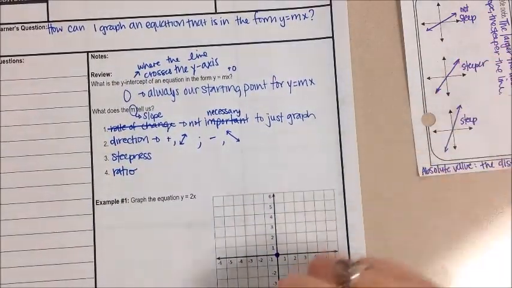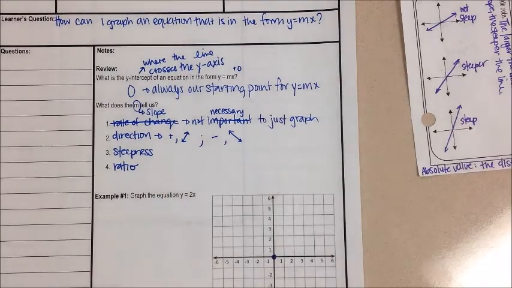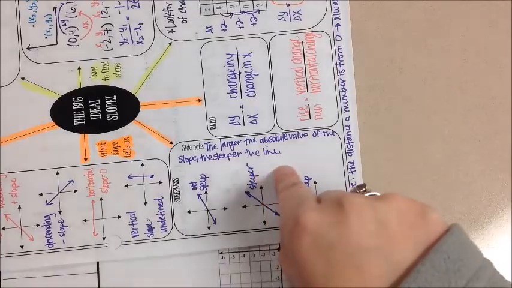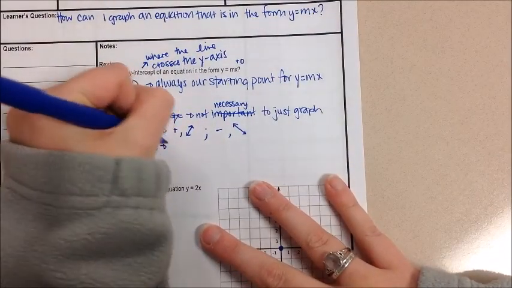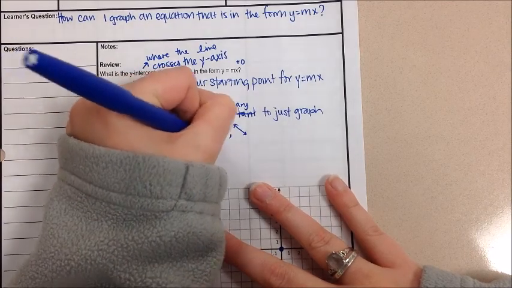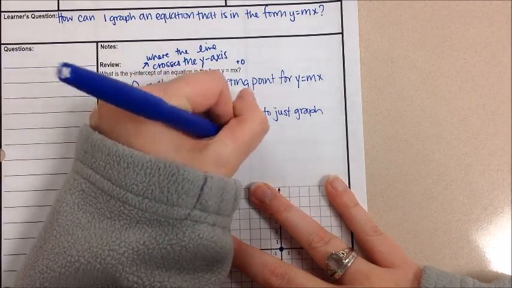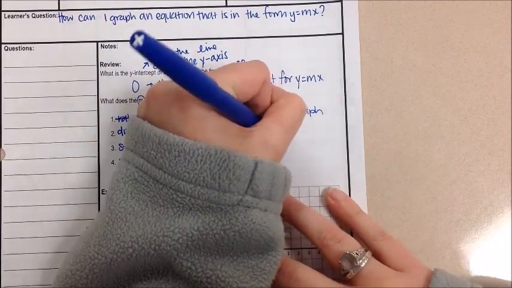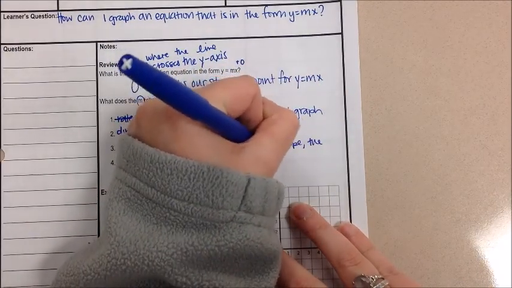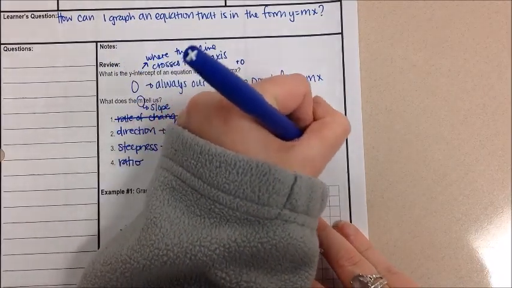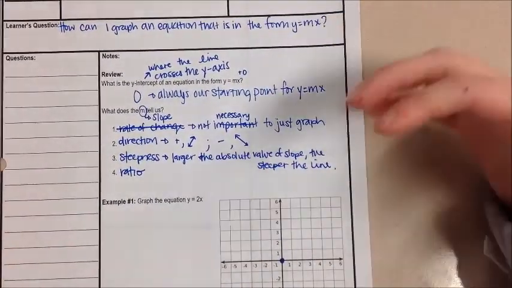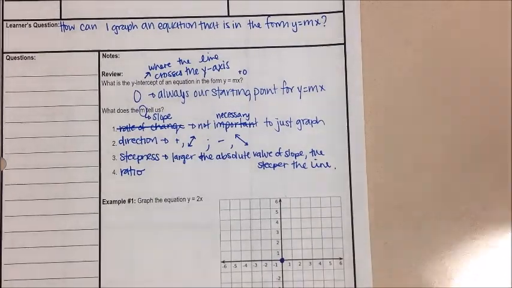That's really important, okay? And then steepness, remember we wrote on the side here, okay, that the larger the absolute value of the slope, the steeper the line. Okay, and that's really just going to help us determine if what we've graphed is reasonable.